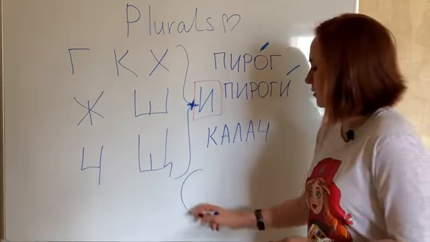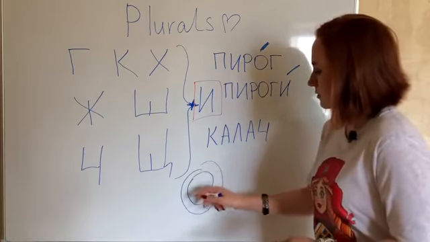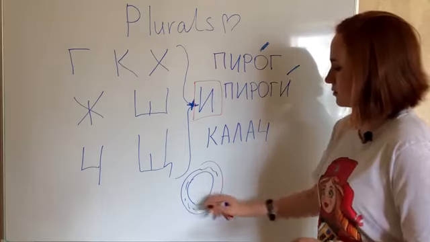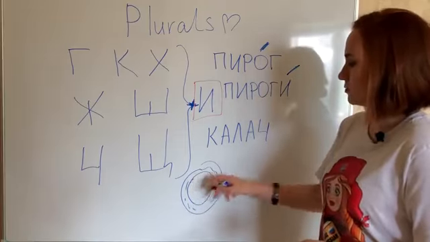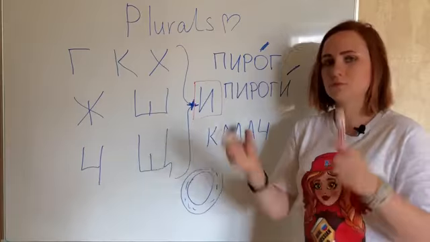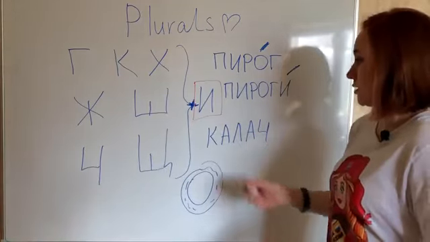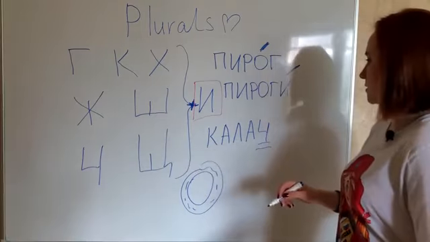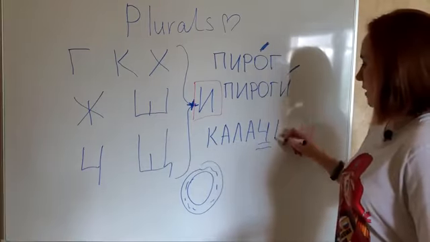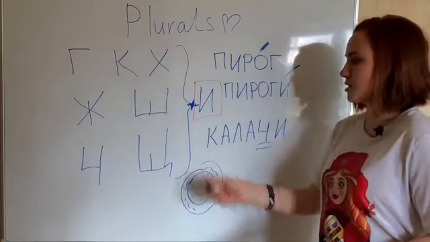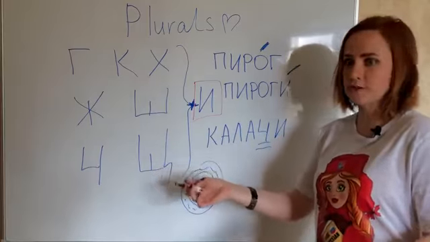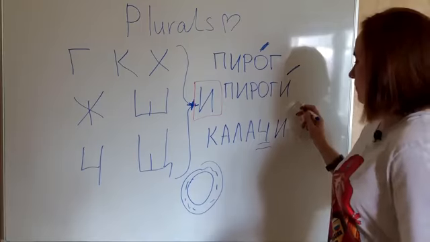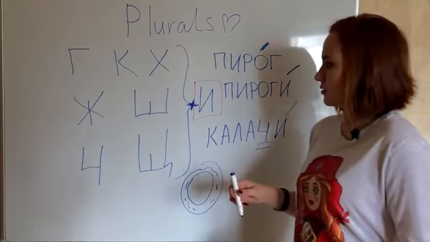Kolache, it's like a round bread with a hole inside. So, a yummy thing, kolache. Just to understand the rule, we see ch in the end, and we add e: kolachi. Several kolaches, kolachi.